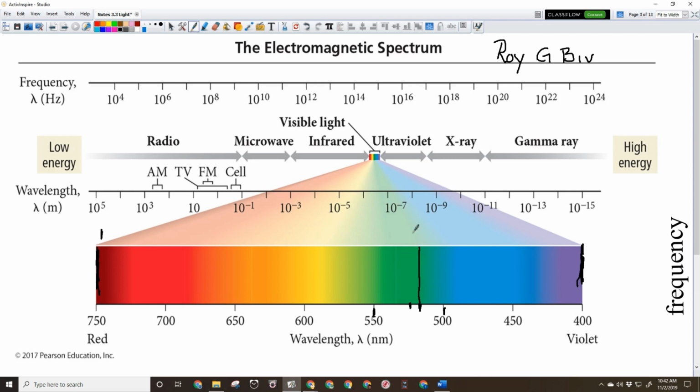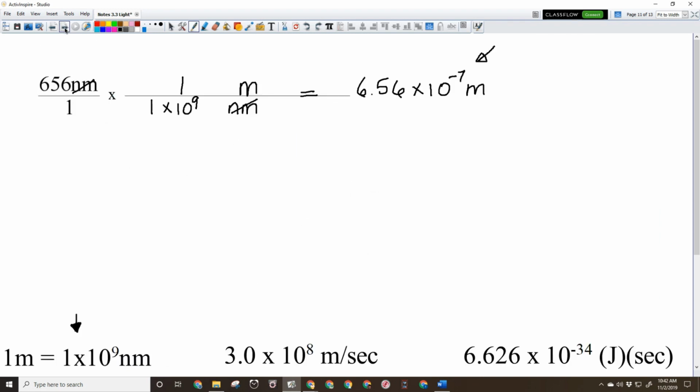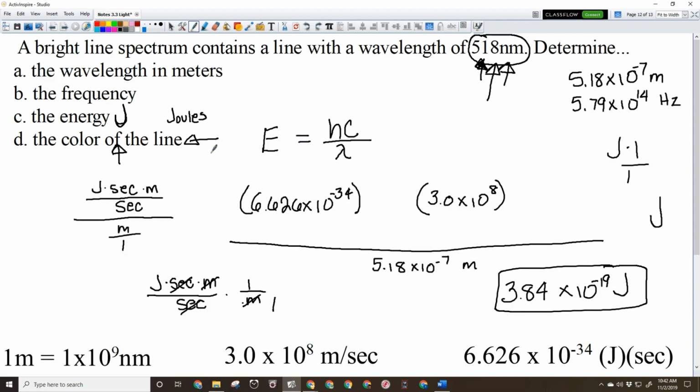So we're going to say it's going to be a green-blue line because it's just on the edge of blue. Okay, so green-blue. Okay, so those are the calculations.